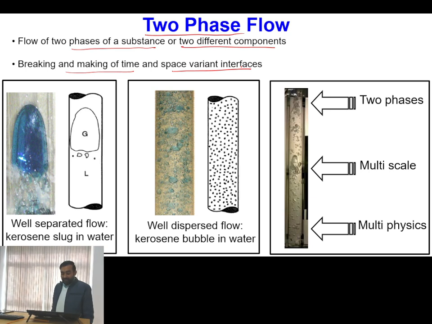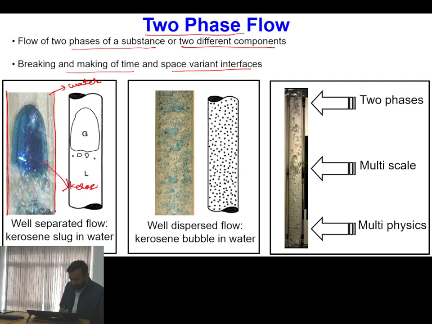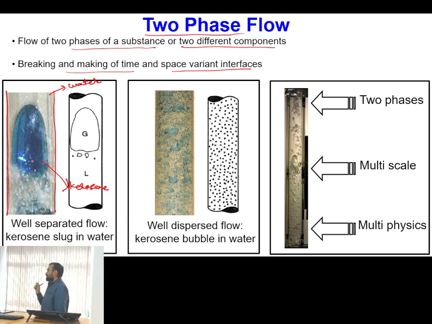Now there can be different types of such fluid behaviors. One photograph is given here. This photograph is of a vertical tube. In this vertical tube, water is filled, and in this water a kerosene medium is introduced.